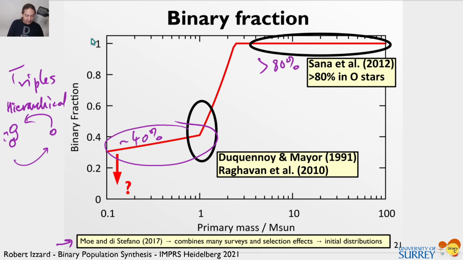Same for quadruples. Quadruples tend to be binary-binaries, going around like that, and so on as you go up. So the binary is really worth studying on its own, even if you're interested in triple stars or quadruples. You still need to study binaries and understand them.